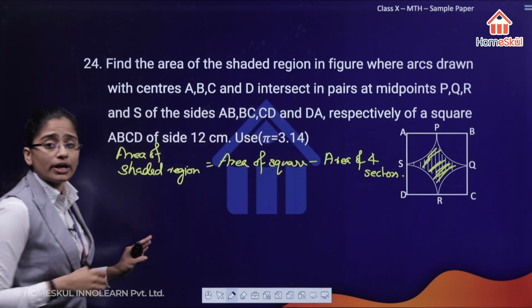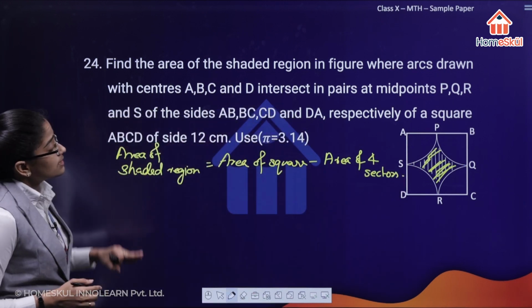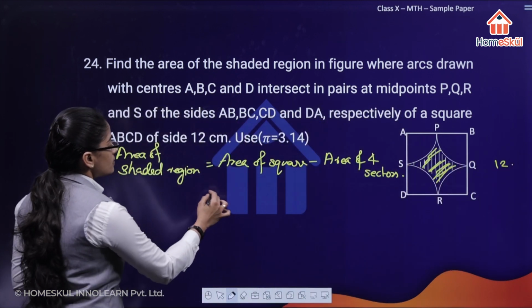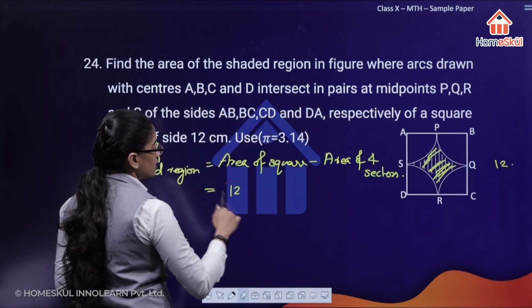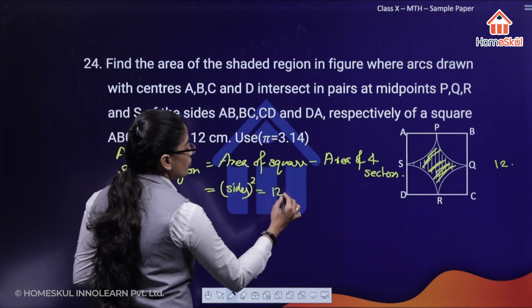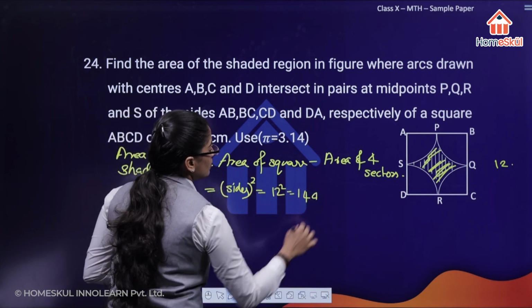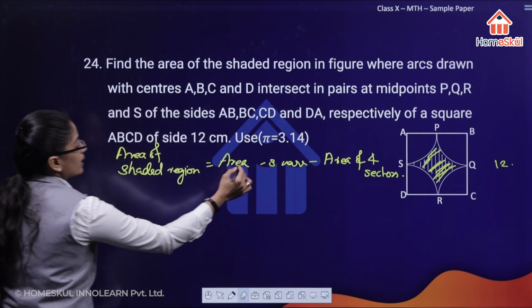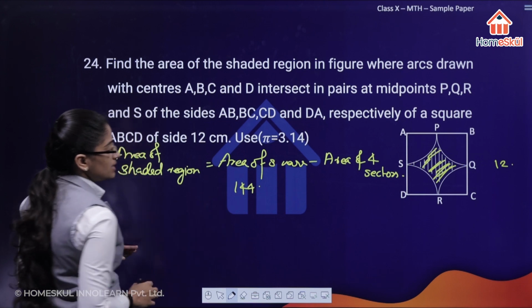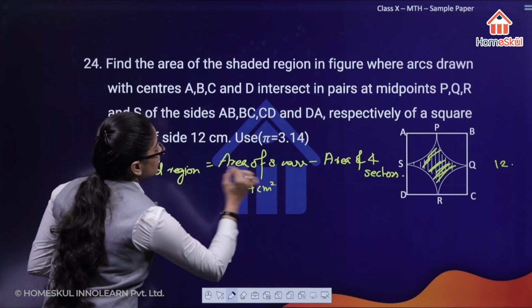What is the area of a square? Here it is given that the side of the square is 12 centimeters, right? So the area of the square is side squared, which is 144 centimeters squared.